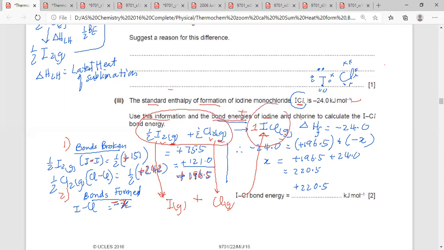Easy. Okay, the total here plus this total here. Or if you use this as positive, it will be the total here minus this total here. It means you change this to minus because heat is given out. Okay, so up to you.